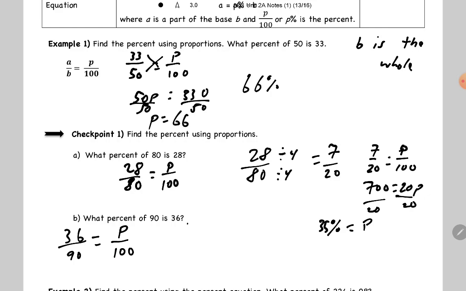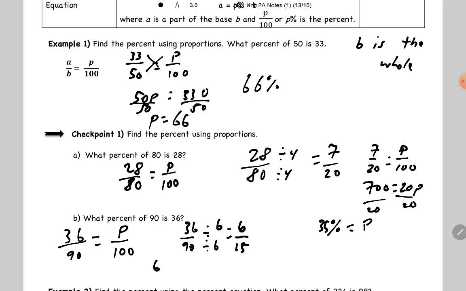So once again, I'm looking at 36 over 90. Can I reduce? Yes, I can, by 6. 6 goes into 36 6 times. If you don't know this right off the top of your head, you can always try 2. 2 will get you there, but it'll just get you there slower. And 90 divided by 6 is 15.